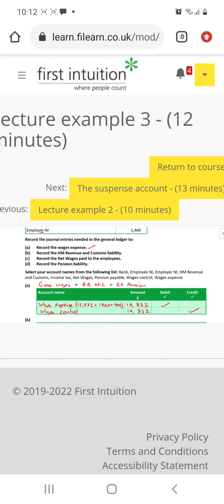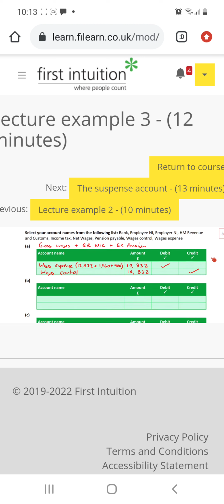Now, the second thing it asked me to do in part B is record the HMRC liability. So what is it that we need to hand over to HMRC? Any income tax that we have deducted from staff, we need to hand that over to HMRC because we've taken it off them on the promise we'll hand it over on their behalf.